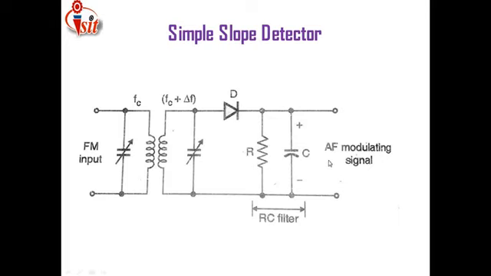The third disadvantage related to this circuit is that it is difficult to adjust, as the primary and the secondary winding of the transformer must be tuned to slightly different frequencies.